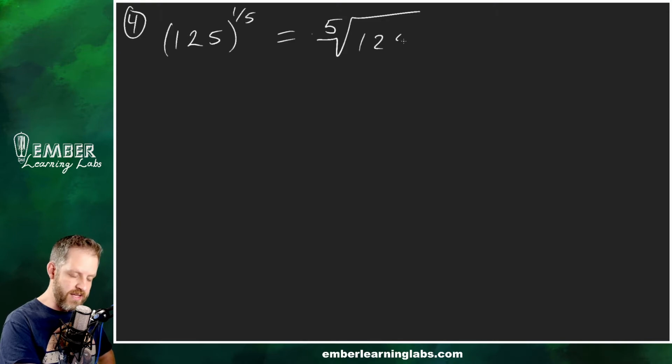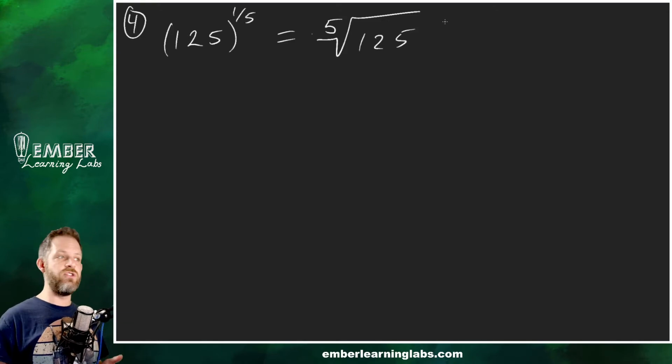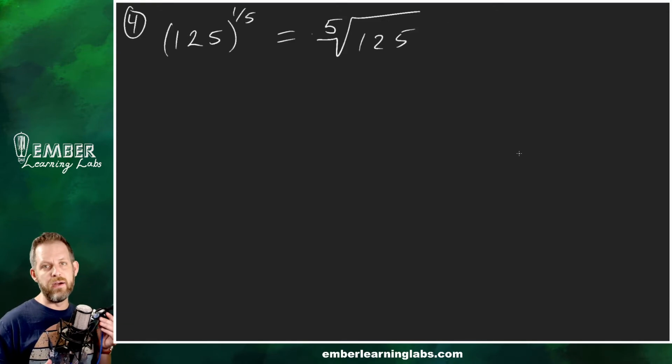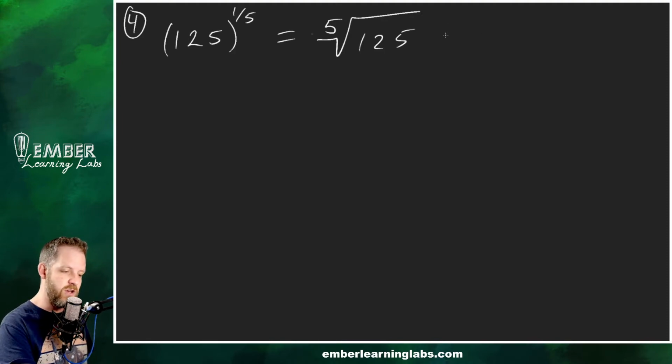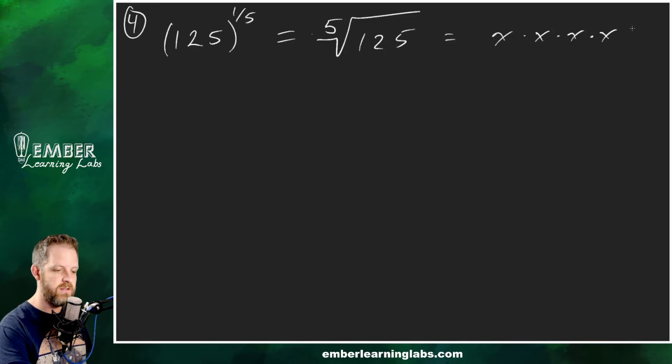Now, what does that mean? It's very possible that at this point in your math career, the only types of roots you've seen are square roots. And the square root is what times itself equals that number. Well, a 5th root is what times itself 5 times equals 125.